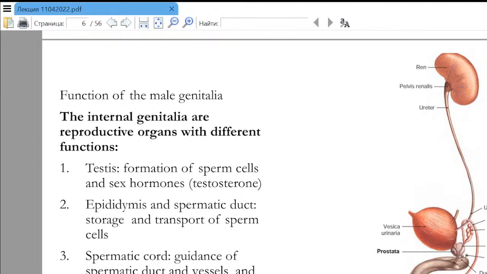Epididymis and spermatic duct: storage and transport of sperm cells. Spermatic cord: guidance of the spermatic duct and vessels to the depth of the testis. Accessory sex glands: secretion of ejaculate and lubricants.